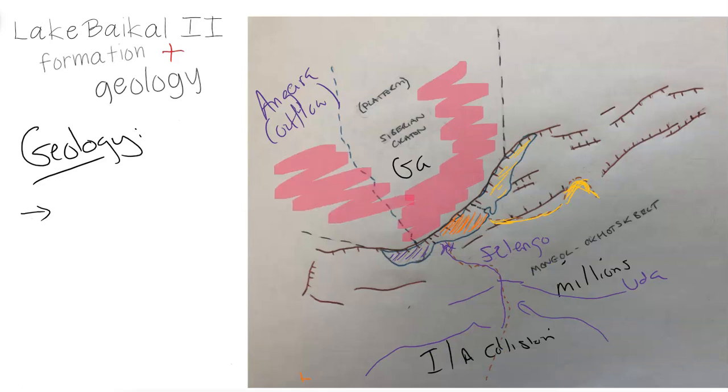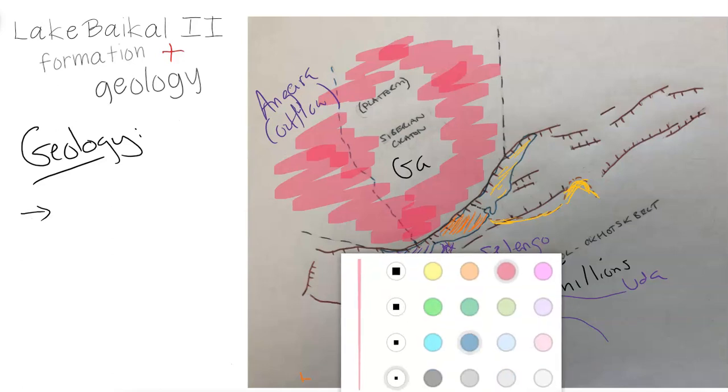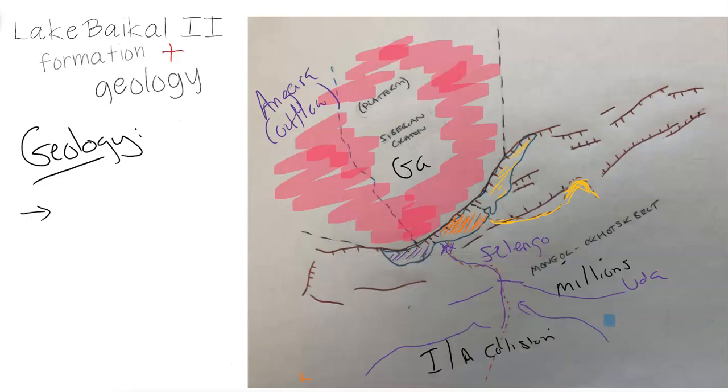A lot of it is sedimentary covered, but you've got very old basement rock, and you've got strong fold mountains to the southeast, the belt, so strong fold mountains right here.